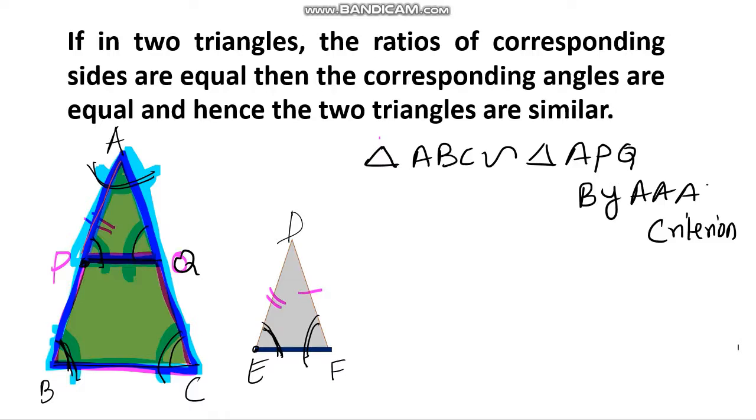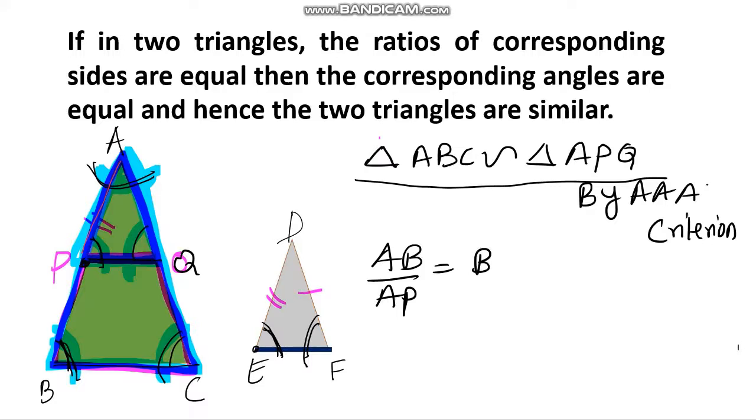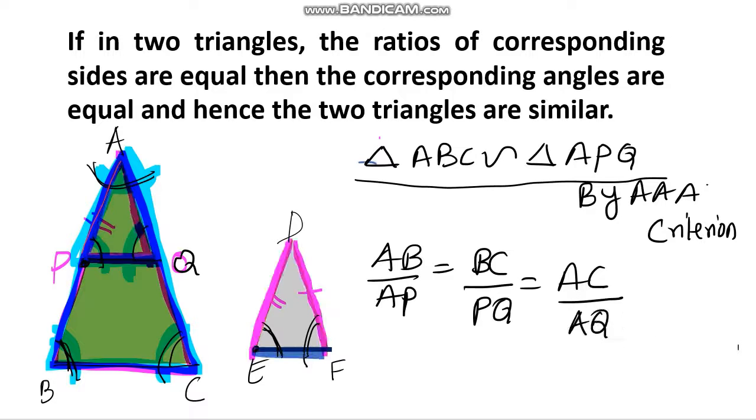So if you properly see now, if you have got triangle ABC similar to triangle APQ, what can you write? You can write AB by AP equal to BC by PQ and that is equal to AC by AQ. Now you can write like this. But children, what was given to us?